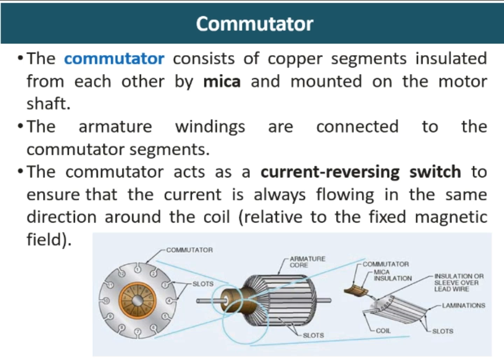Otherwise, when the coil is rotating, if the direction of the current remains the same in a particular bar, then the force will be directly opposite. Therefore you can't rotate.